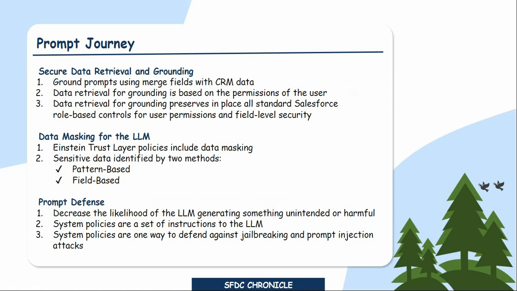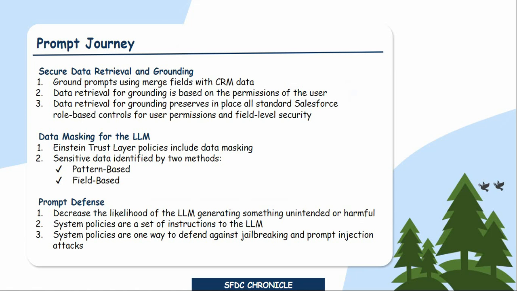It also uses pattern based sensitive data identification, like phone numbers and credit card numbers, which it can identify depending upon the pattern. Based upon these two methods, the Einstein Trust Layer masks the sensitive data before sending it to the LLM.